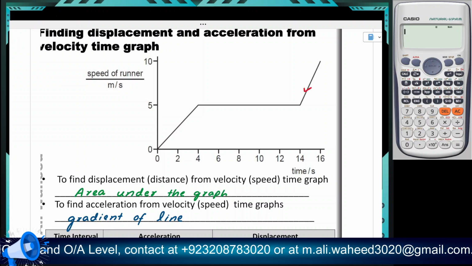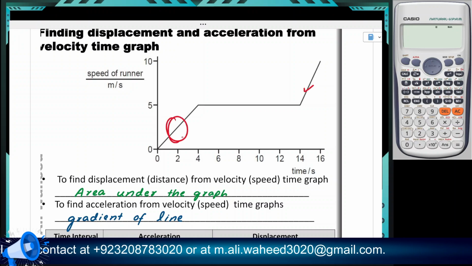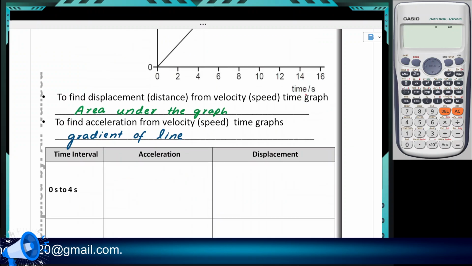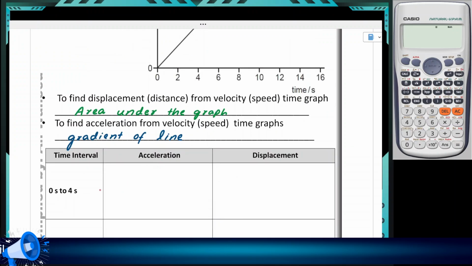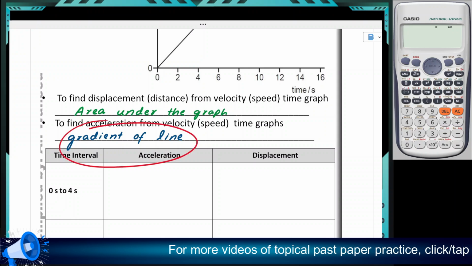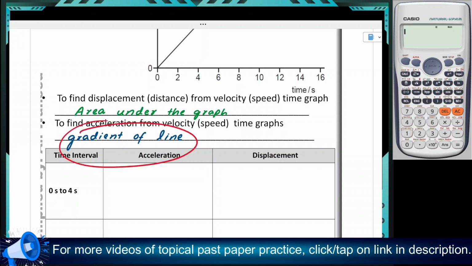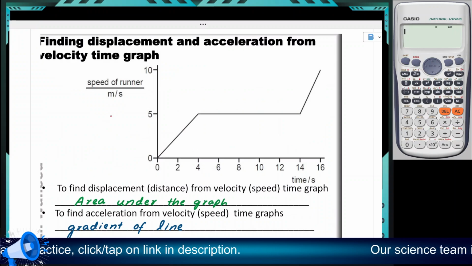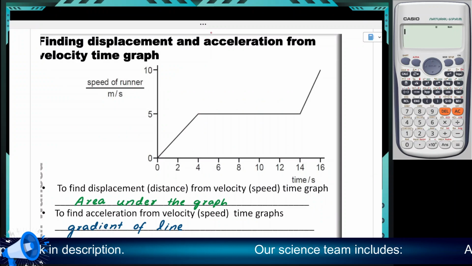This uniform acceleration is greater than the first one, because in the second case, from 14 to 16 seconds, the line is steeper. We need to find acceleration from 0 to 4 seconds, and we need to find the displacement. Acceleration would be the gradient of the line, and displacement or distance would be the area under the graph for the first 4 seconds.